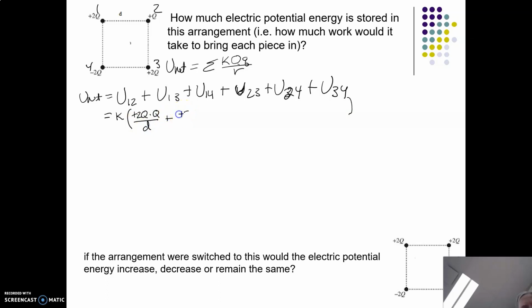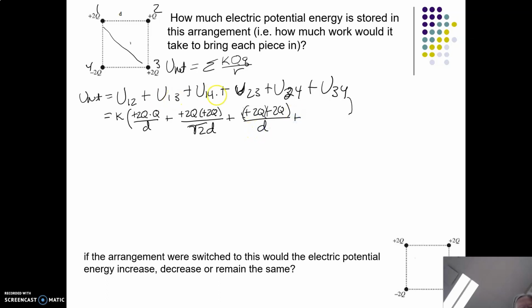We have a plus 2Q and another plus 2Q, all over root 2 d. And then to that, we're going to add our 1, 4. We have the plus 2Q, minus 2Q, all over d. Those are multiplied, don't subtract those.